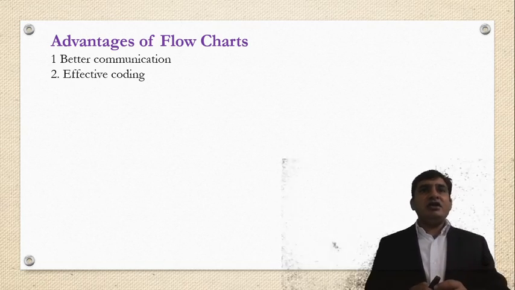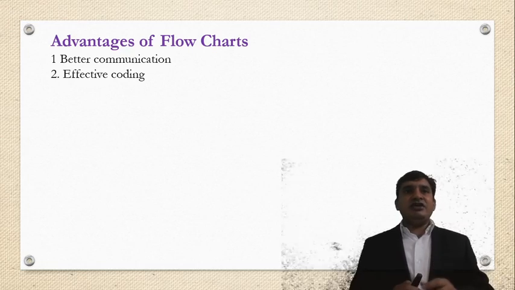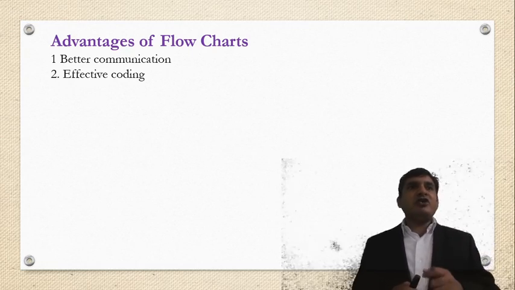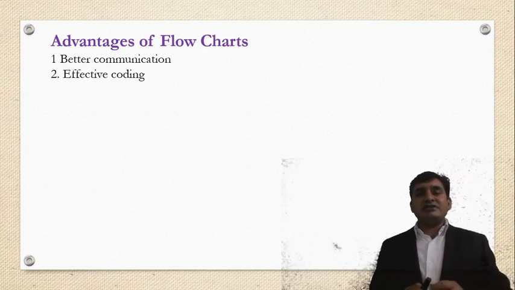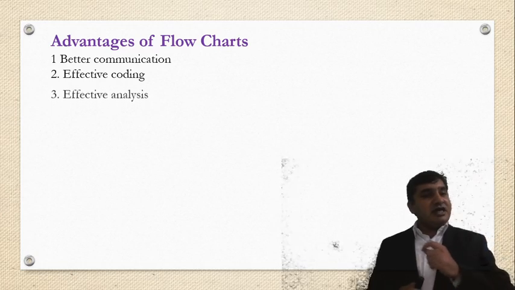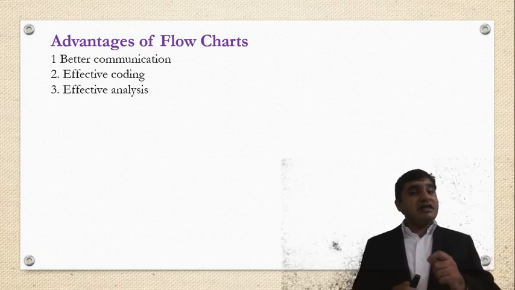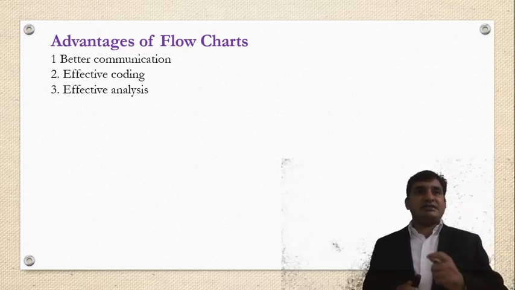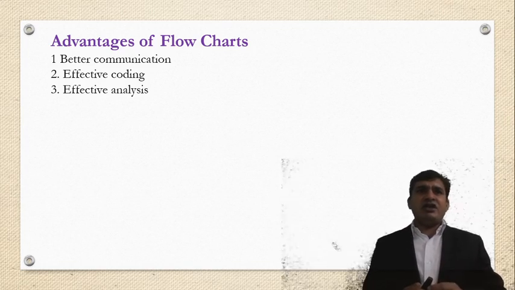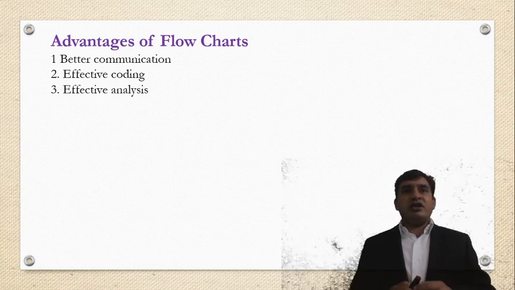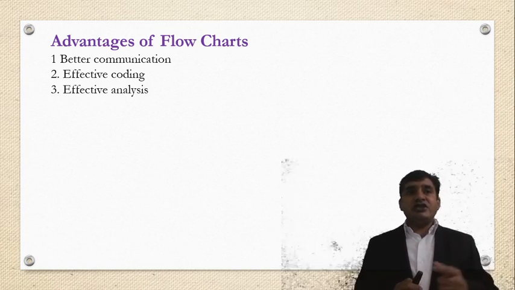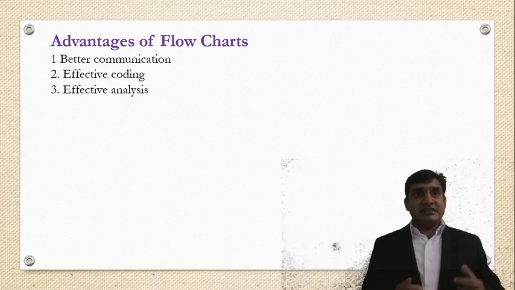It provides a convenient aid to write a computer program because a flowchart acts as a roadmap for a programmer. Next advantage is effective analysis. Such a system model can be broken into small parts for study and analysis.